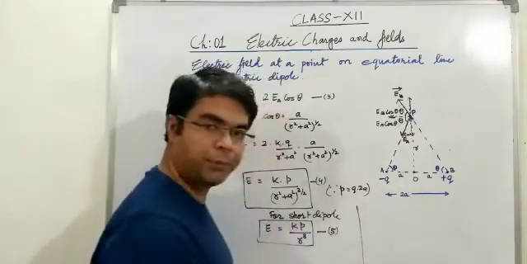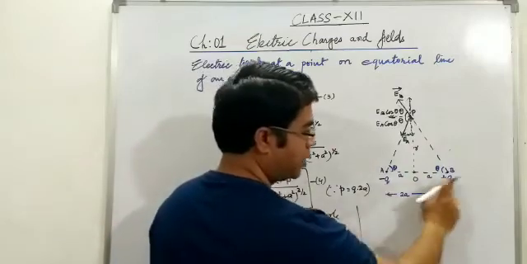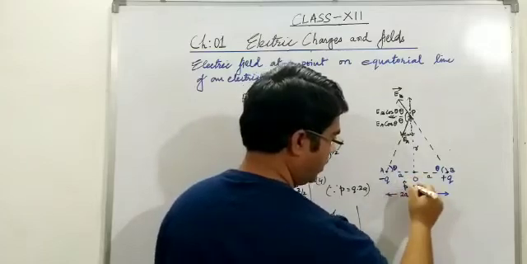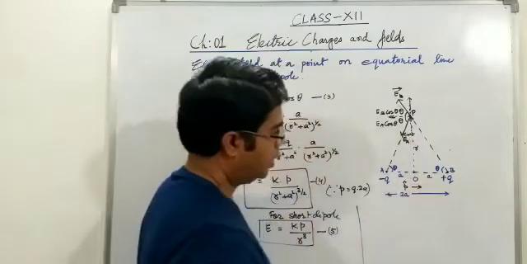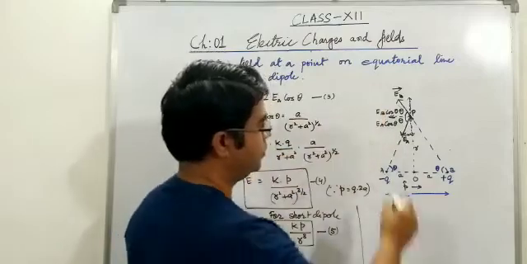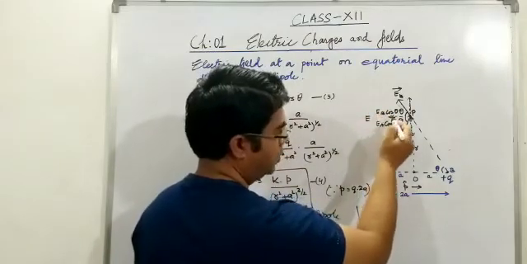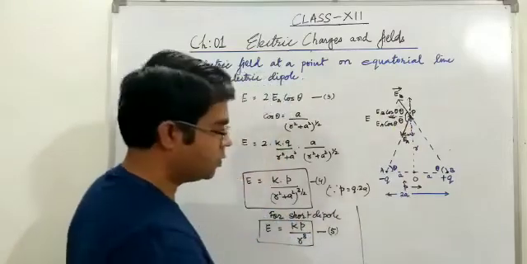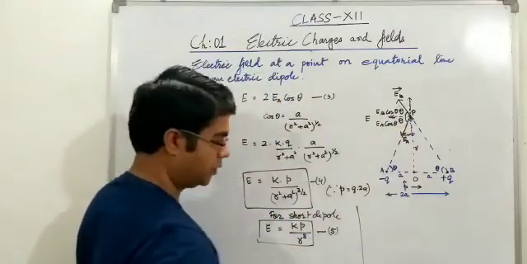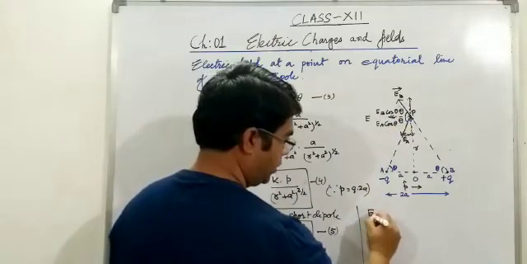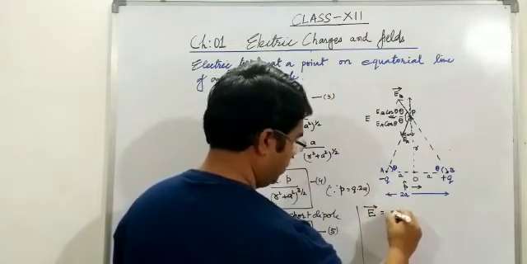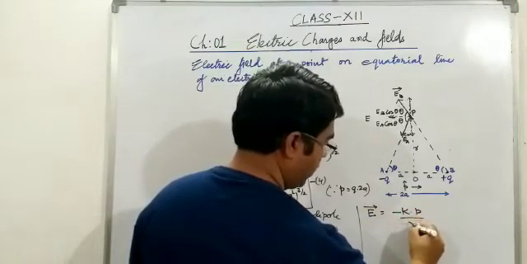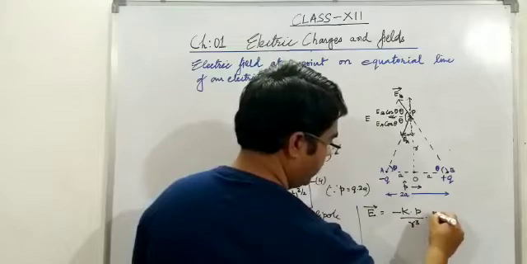What is the direction of the dipole moment? It is from the negative charge to the positive charge. Let the unit vector of the dipole moment act in this direction, and the resultant electric field E acts in the opposite direction of the dipole moment. So the vector form of this equation is vector E equals minus KP by R cube P cap.